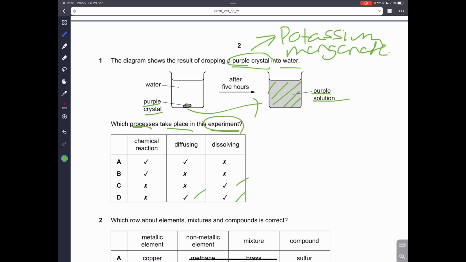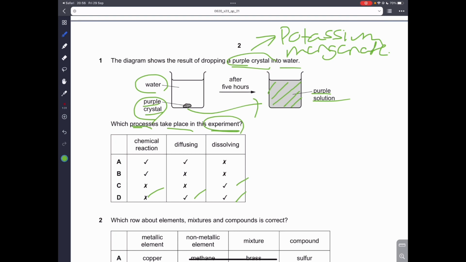However, it is not a chemical reaction. Why is this? Because remember, a chemical reaction is where one or more reactants turn into a product. In this case, the reactants are the water and the purple crystal.